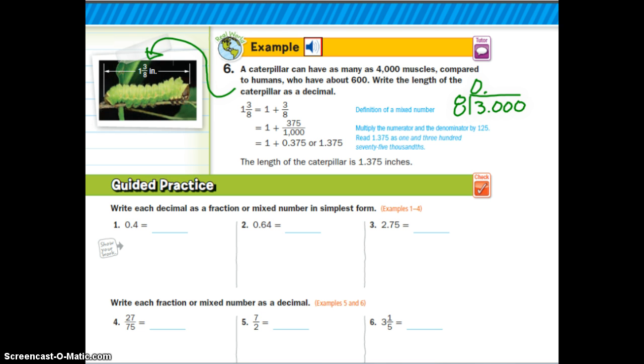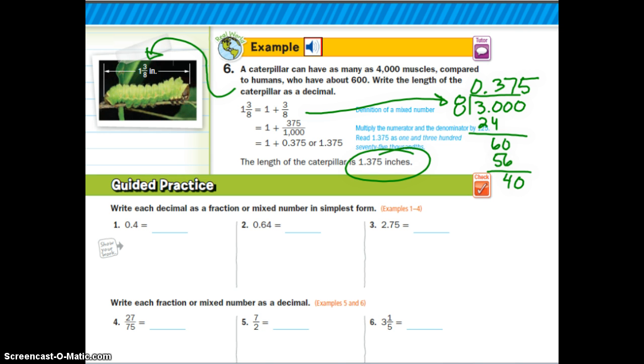Again, down denominator, don't go into dead, so 8 stays out, 3 goes in. 8 goes into 30, 3 times, that's 24, bring down my 6. 8 goes into 60, 7 times, that's 56, bring my 4, bring my 0 down, 8 goes into 40, 5 times, and I'm done. So again, the answer is 1.375.